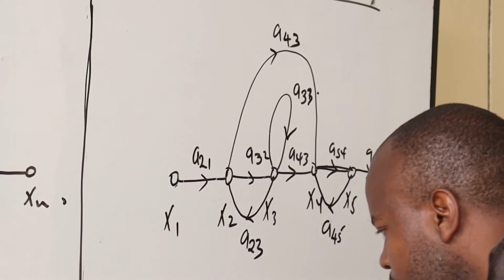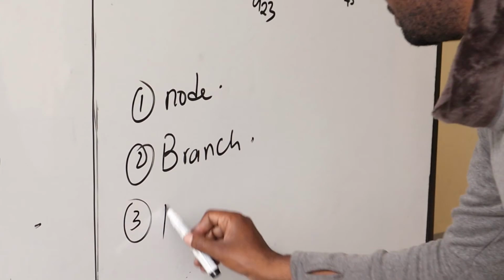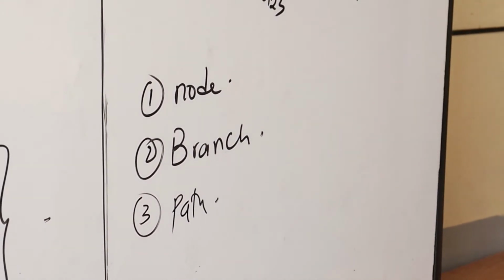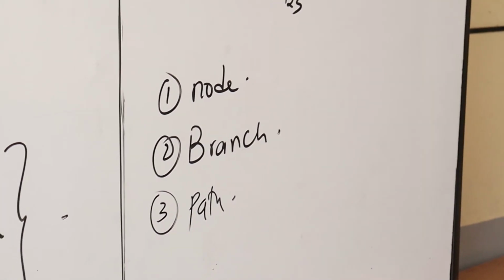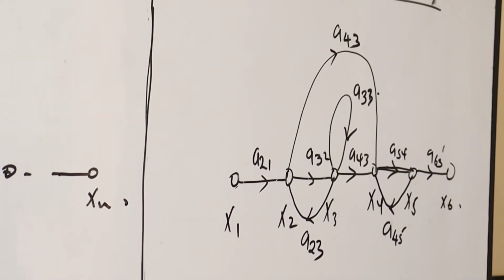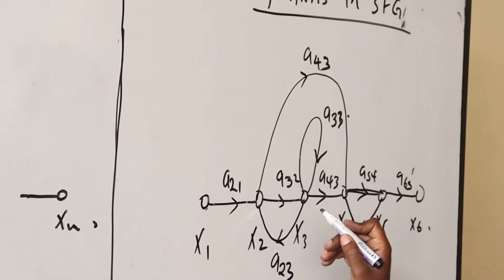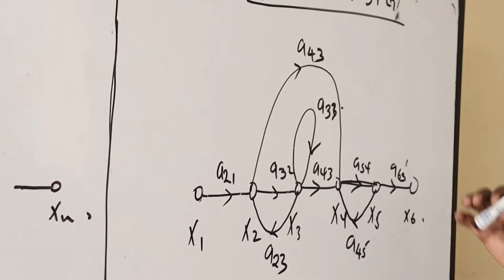The third one, we can talk of what we refer to as a path. A path is basically a unidirectional succession of branches along which no node is traversed more than once. A path can be a branch or more than one branch, and you don't need to repeat a node twice.